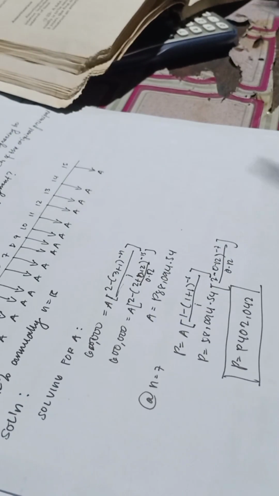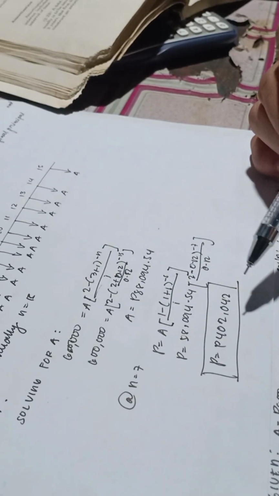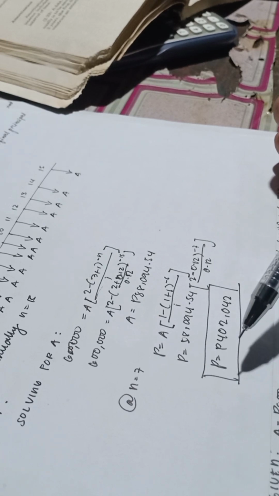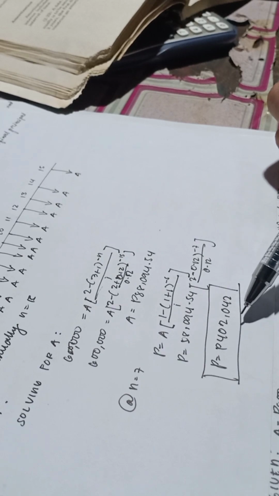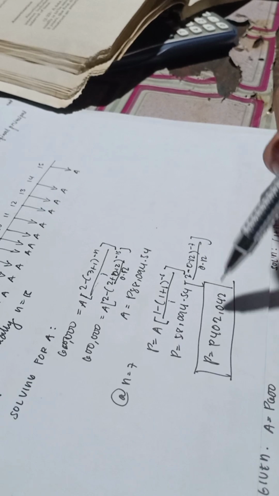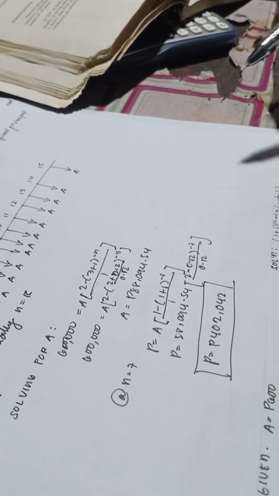So we will get the final answer here. P is equal to 402,042 pesos. So this is our final answer in problem number 14.